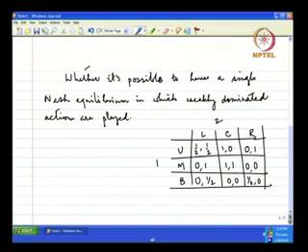Now, if this is the game, then notice that the Nash equilibrium in this game is just one. There is only one Nash equilibrium.